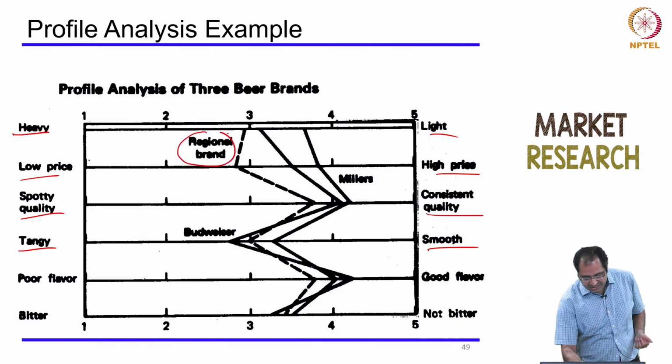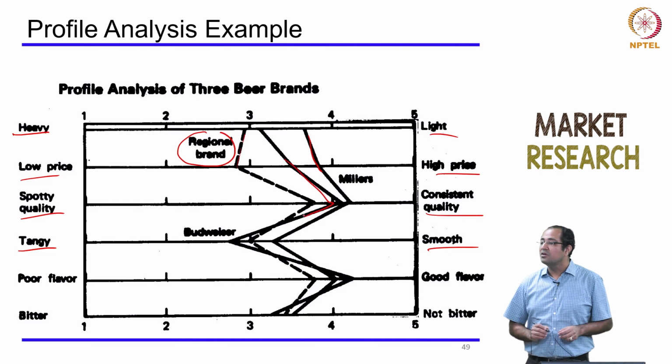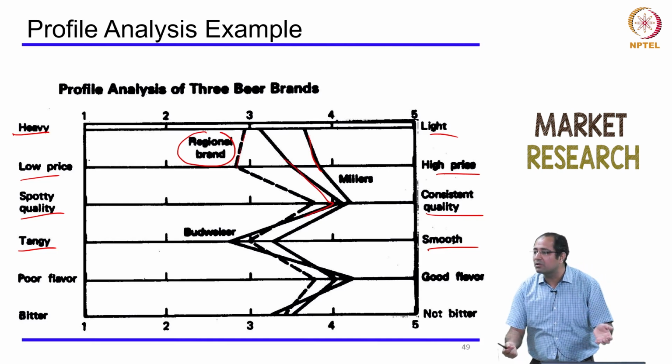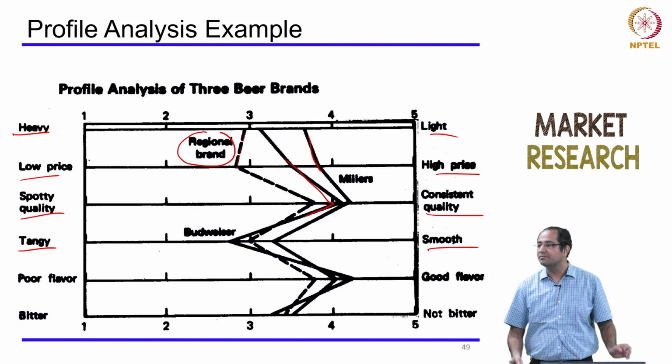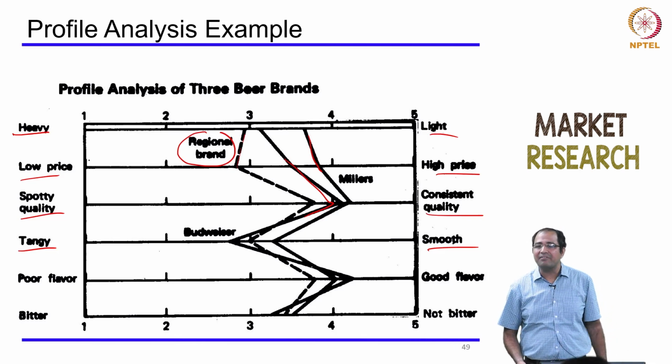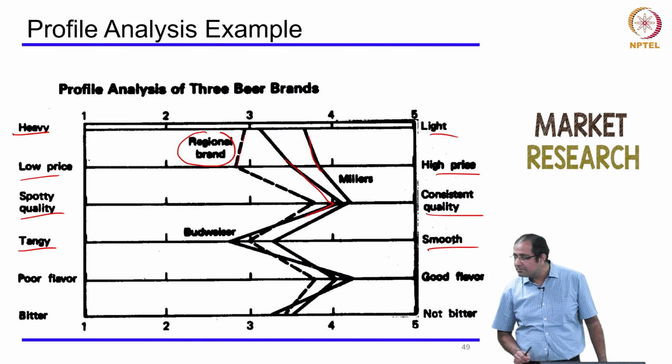This is the regional brand, this one is Miller's, and this central one is Budweiser. For all these 3 brands separately, the questions were asked about these attributes, because these are the attributes that are very important for beer to have.